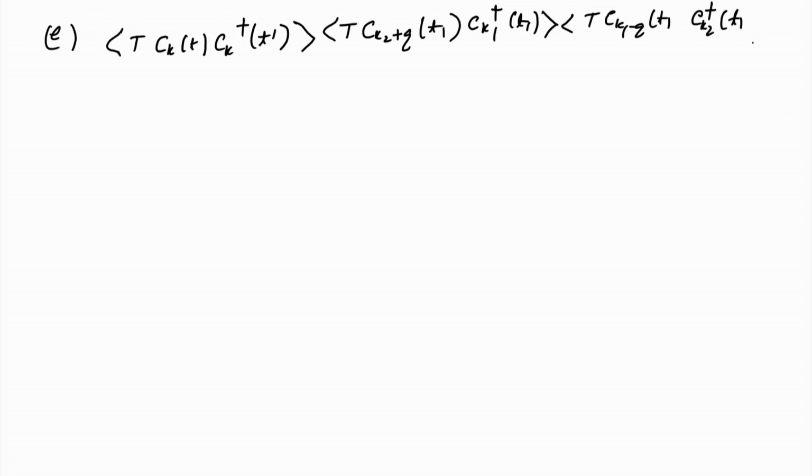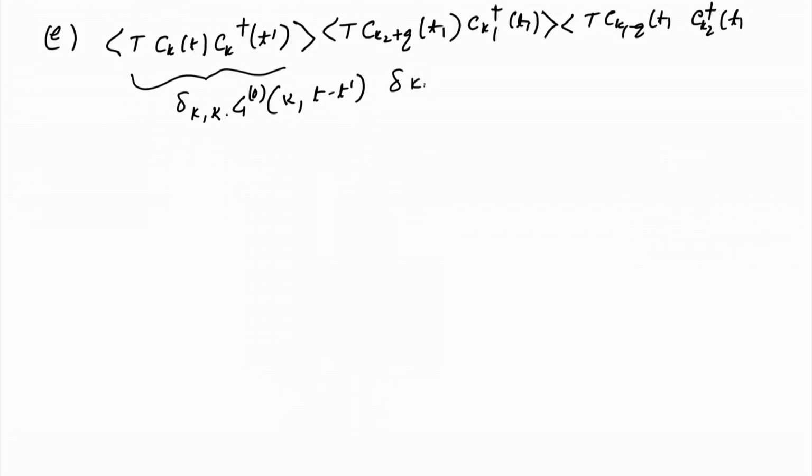So, these are the three terms. This term will give me a delta k, so, this is anyway k. So, delta k k and there is nothing, but there is a G 0 which is at k to t minus t prime.